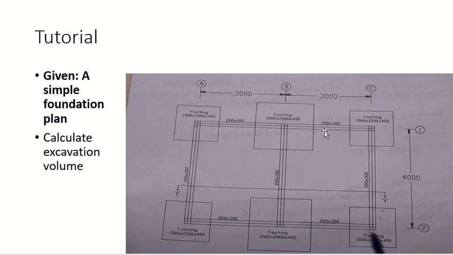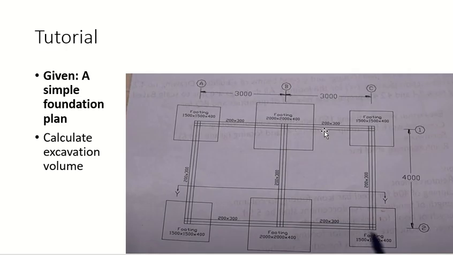Clear? Any problem? There is an assumption here. Who can tell me the assumption? I made an assumption when I was doing these calculations. What was the assumption? It was related to the previous question, where we calculated the earthwork, the excavation.